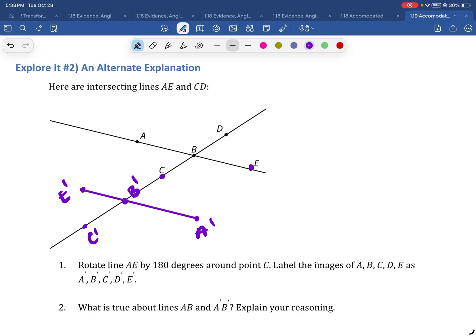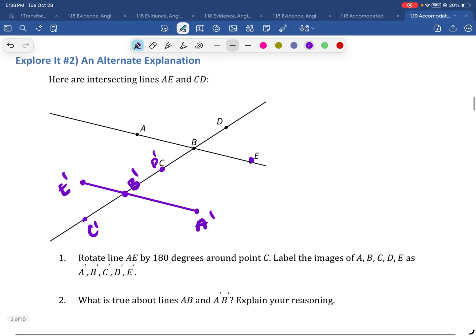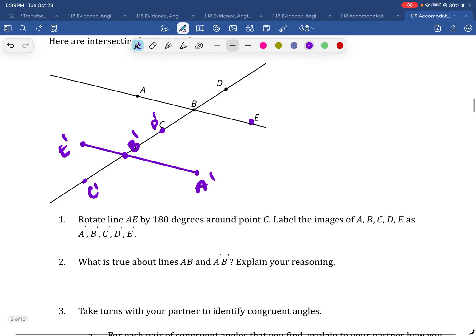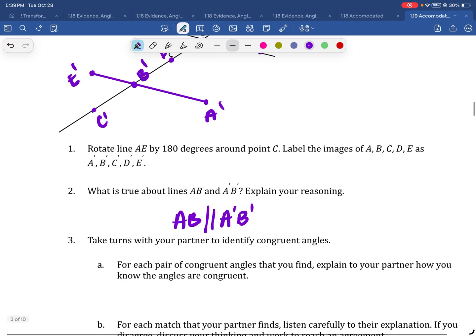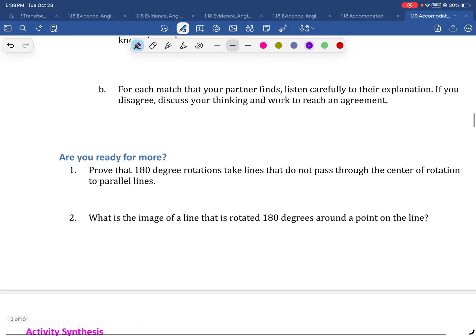D is above. What is true about lines AB and A prime B prime? They're also parallel. So when you rotate it, you also get parallel lines, okay?